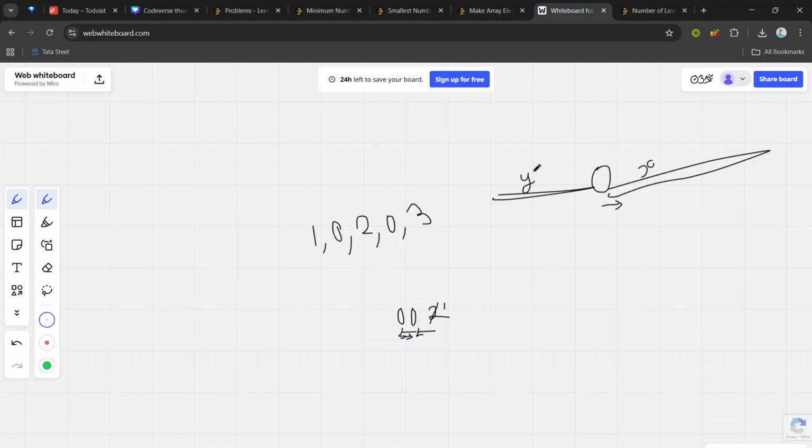Now you will again reduce here, y. Once you hit here, encounter x, you will make it x minus 1, and you will go back to this number. Now you will convert it again to y minus 1, and you will keep hustling.